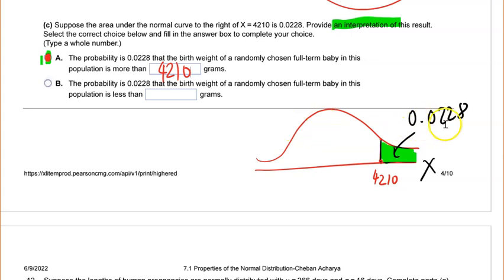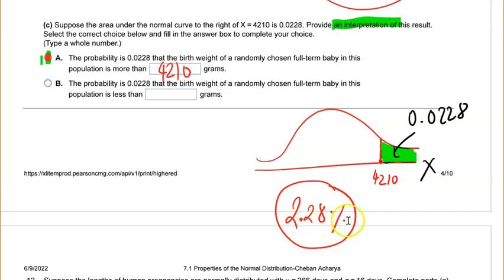In other words, looking at it the other way around, this is 2.28%. This is the proportion, the percentage. That means if you choose 100 babies randomly, 2.28% of the babies have a weight of more than 4,210 grams.